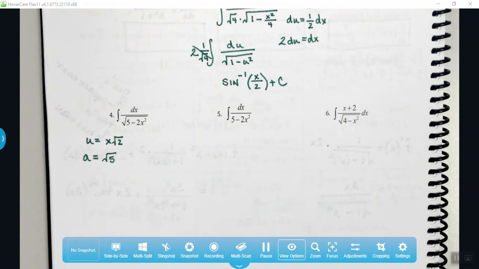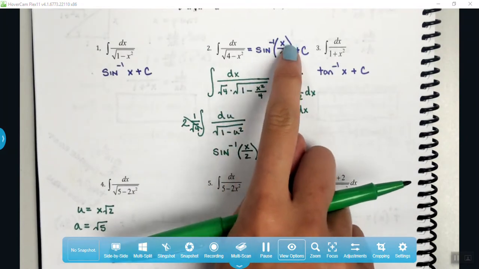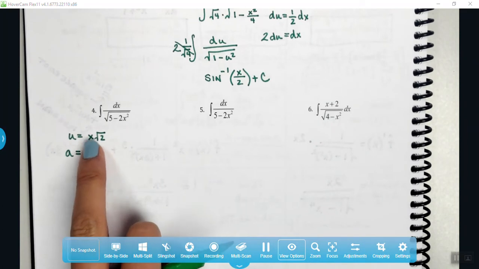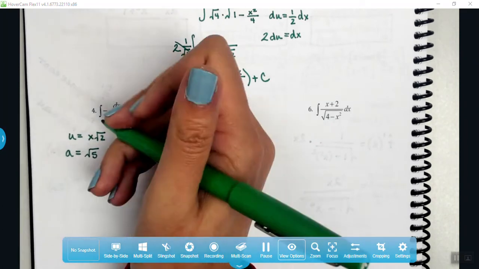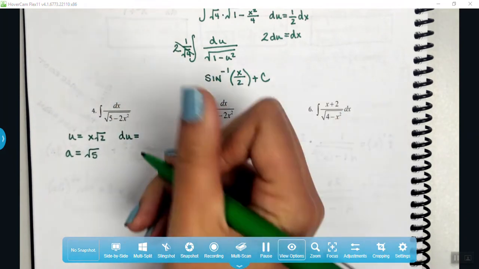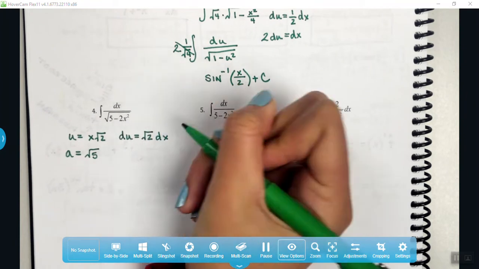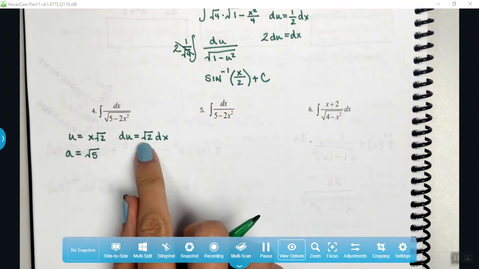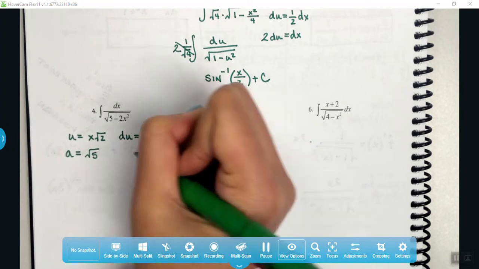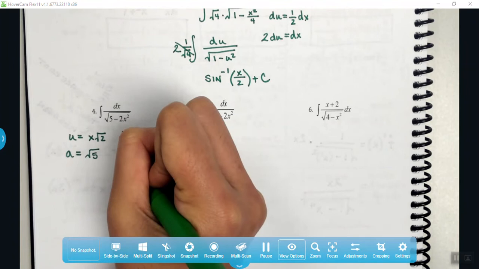Okay, now be careful, because in this case up here, our u was just x. So we didn't have to do anything. But if our u is something other than x, we're going to have to do a du. What's our du? Just root 2 dx, right? Okay, so when we do our inverse sine, we have to divide by root 2.